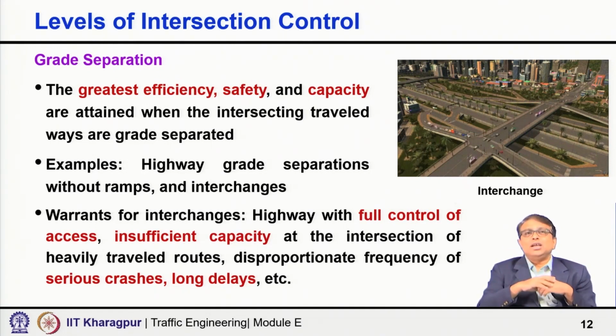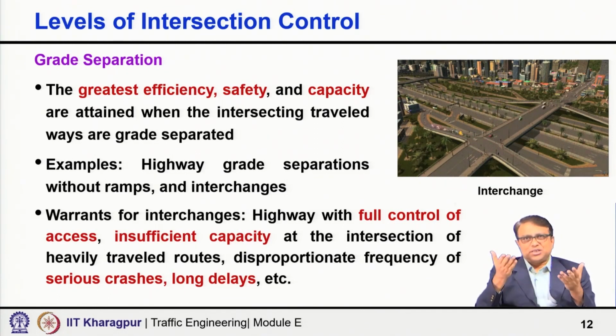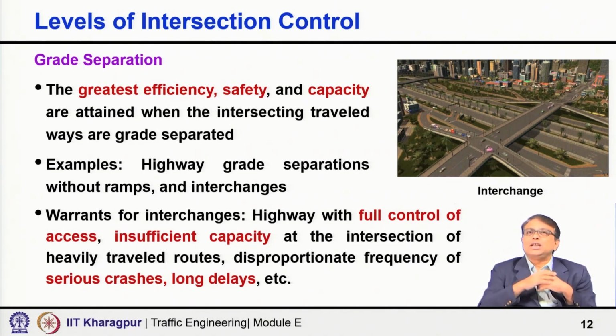Wherever the existing capacity of the at grade intersection is insufficient and the overall level of service is not acceptable, much below the required level of service, in such situations you can use a grade separated facility.